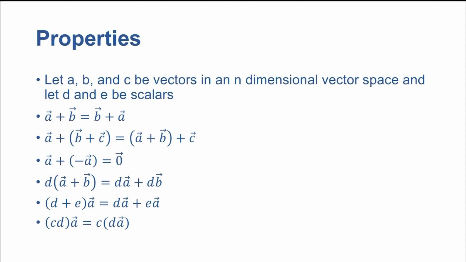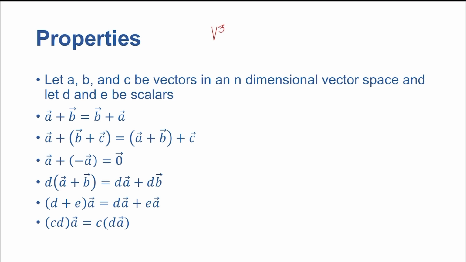Alright, anyways, I've just got all the properties here. So we're going to say that A, B, and C are vectors, and these are going to be in an n-dimensional vector space. So vector space is just where these vectors live. So, for example, the vector space V3 is where all of our three-dimensional vectors live.